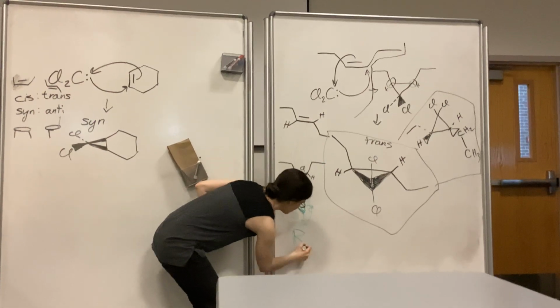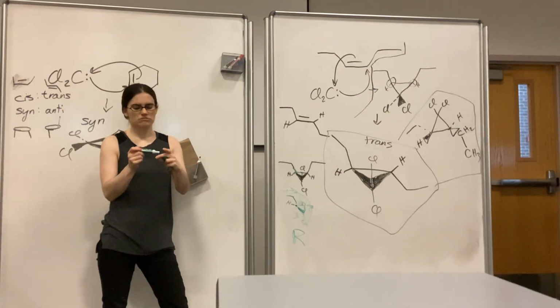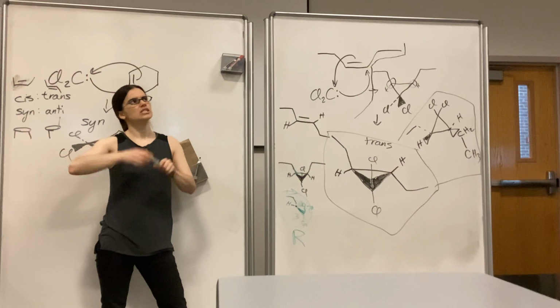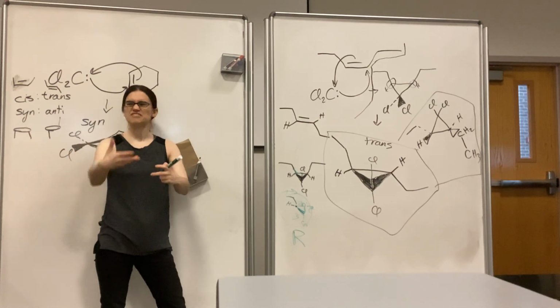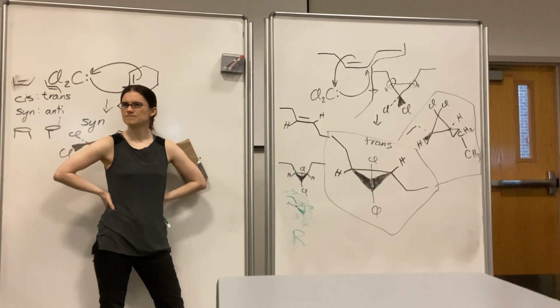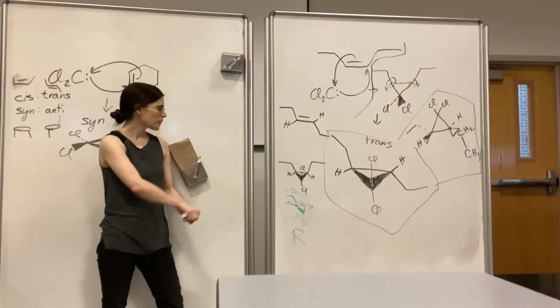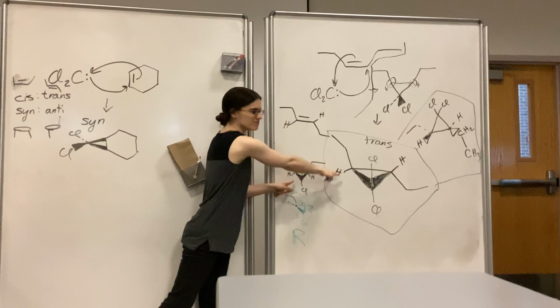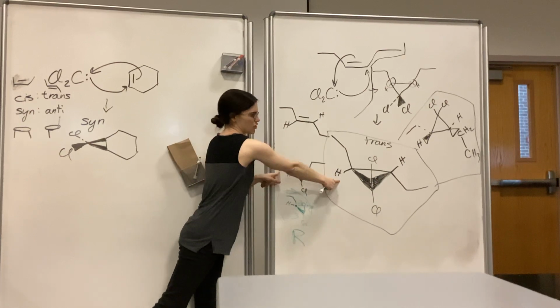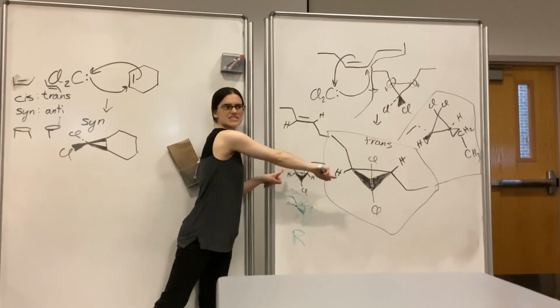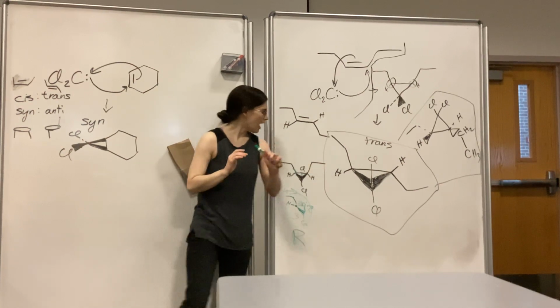So that has R. That's an R. What has R configuration? Is that how you say that? It is R. It is an R stereocenter. Yeah? Okay. So, cis, trans. Is that easy enough to tell the difference? Yes? Okay.